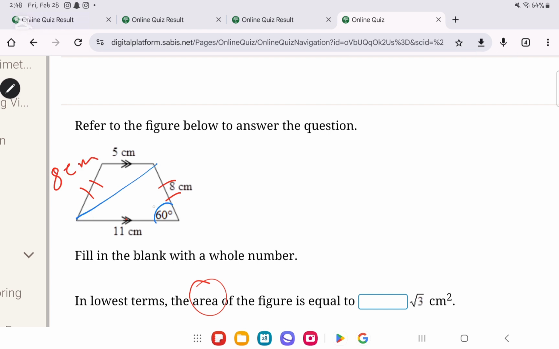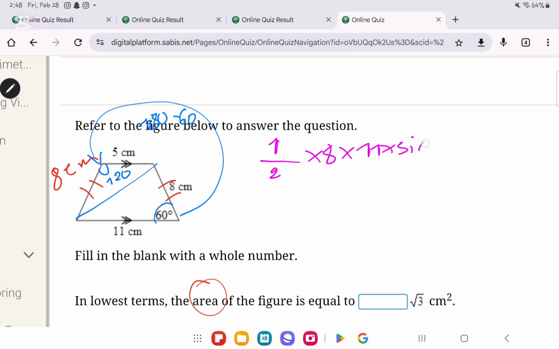We have, this is 60, so this angle over here is going to be 180 minus 60 because they are supplementary. Okay, then you find the area of the 2 triangles and you add, it becomes 1 over 2 times 8 times 11 times sine 60, plus 1 over 2 times 5 times 8 times sine 120.